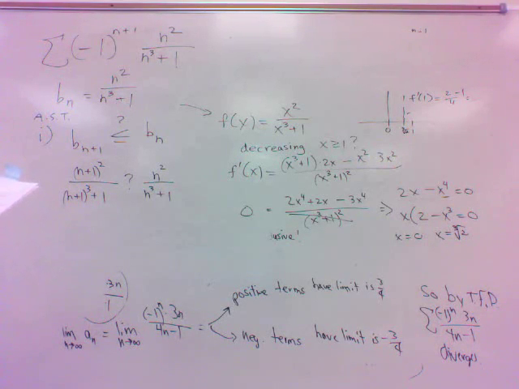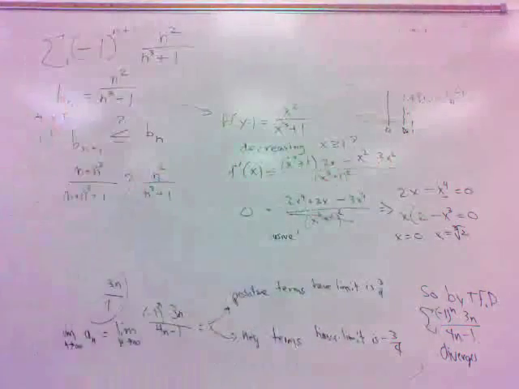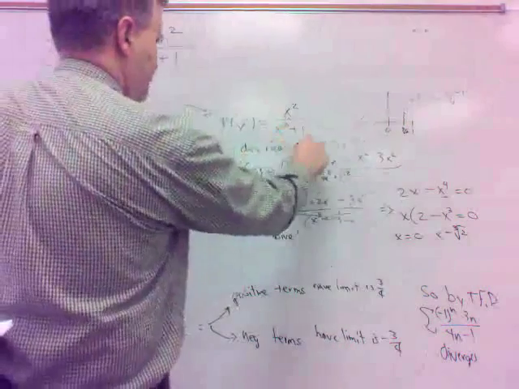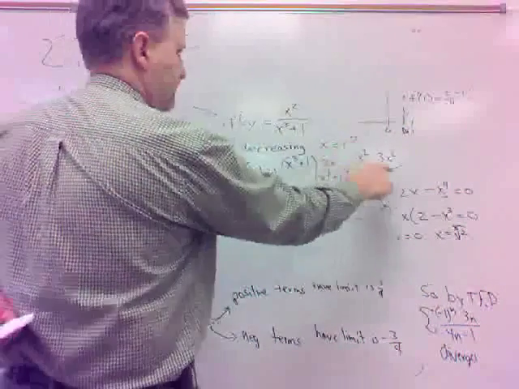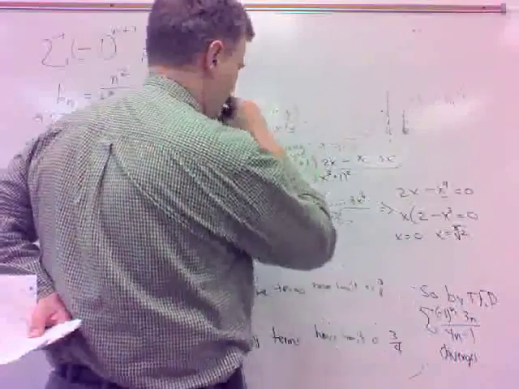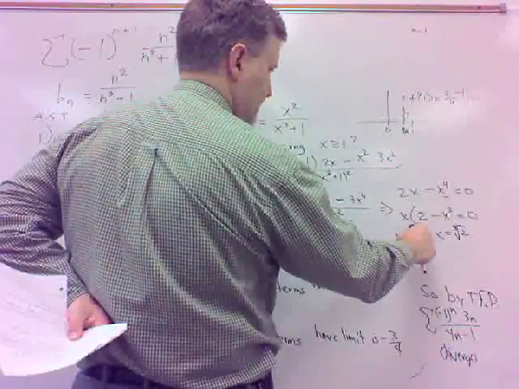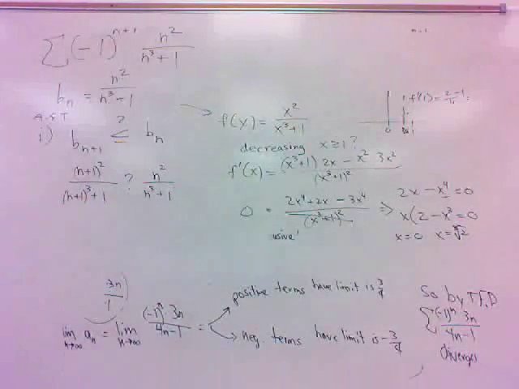Positive. What am I doing wrong? It should be negative. I got it positive. Low d high minus high d low, over low squared. It should be decreasing. It should be negative.